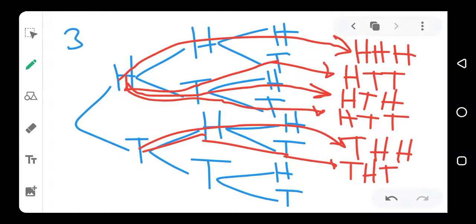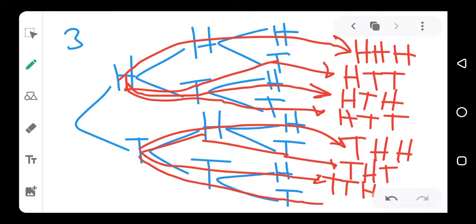We also join it with this and come to this side. We have tail, tail, head, and we join to this side and come here. We have tail, tail, tail. So in the sample space, we have how many?